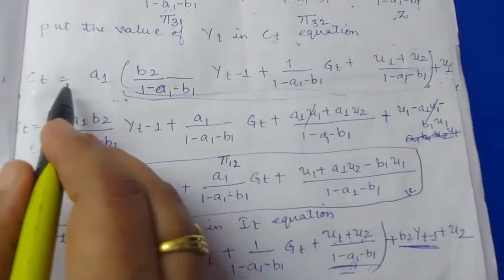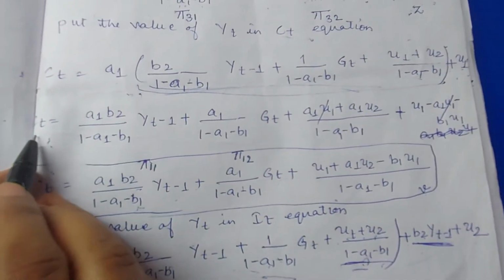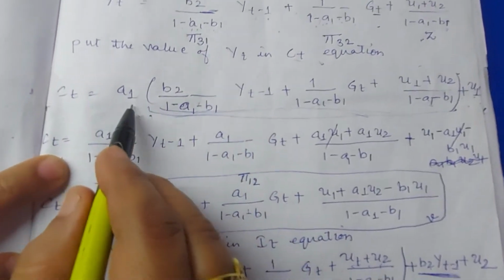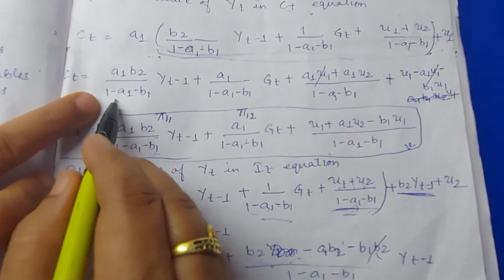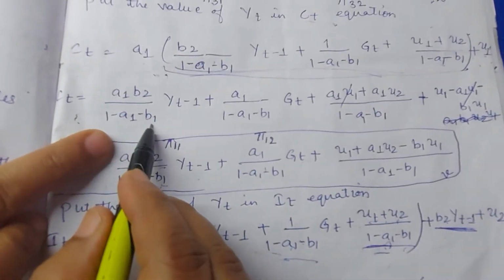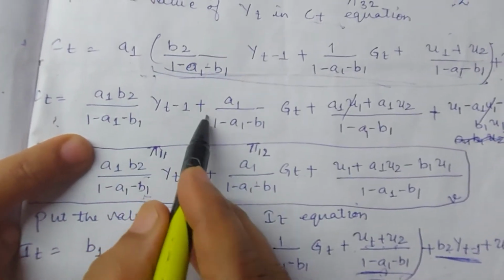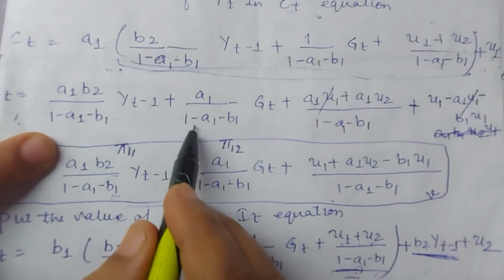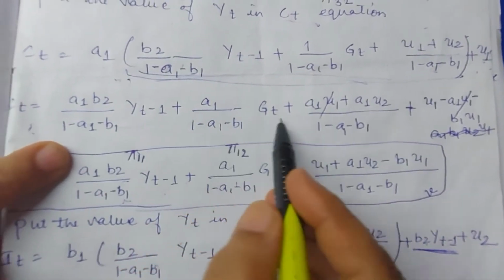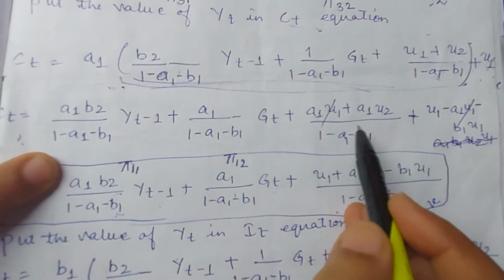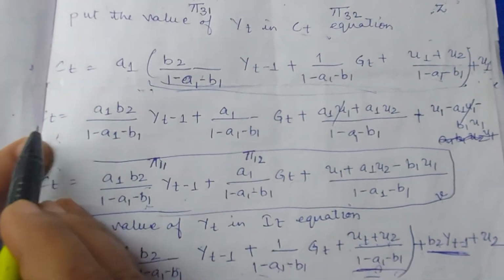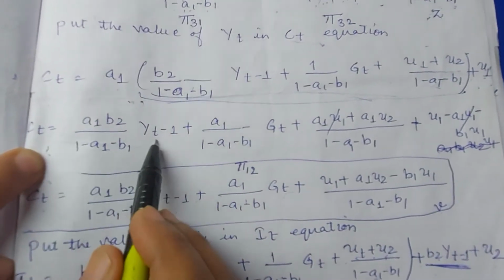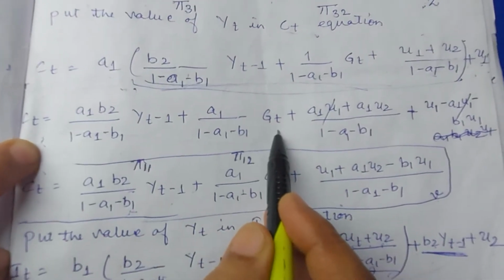Next step is to solve this Ct equation like that. Multiply the whole equation by a1: Ct is equal to a1 b2 upon 1 minus a1 minus b1 Yt minus 1 plus a1 upon 1 minus a1 minus b1 Gt plus, solving this equation like this. Here again we see that Ct is the function of predetermined variables only.